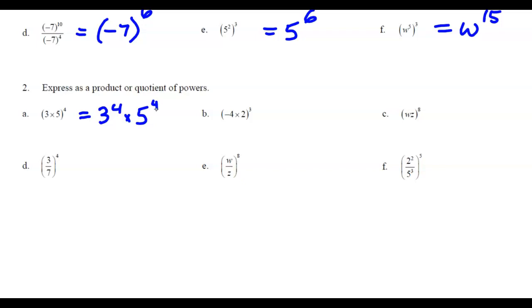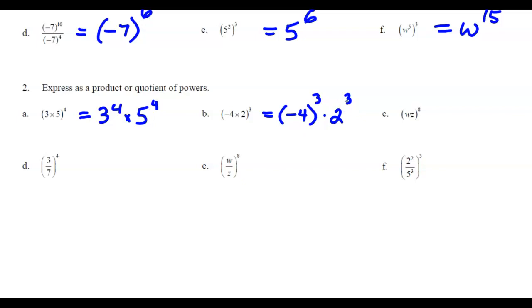And then it doesn't say to evaluate, it just says express as a product or quotient. So here, this one, be careful because that -4 was in the brackets, so I've got to keep the -4 in brackets. And then I'm going to use a dot this time. And then I don't need brackets on the 2 because it's a positive.